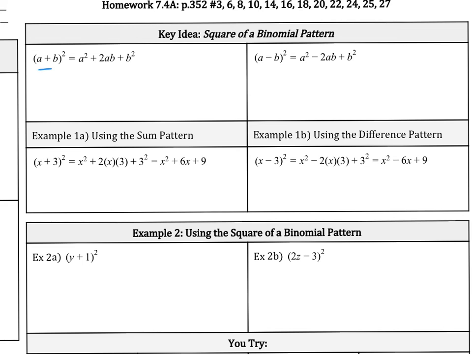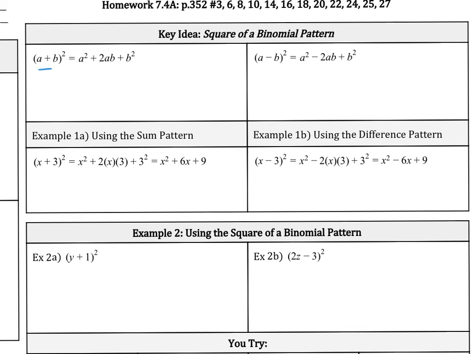If you notice, these two have the same numbers as the answer. The only difference is that since this is a positive sign, the x term is positive, and since this is a negative sign, the x term is negative. In the center is double of x times 3. On the end terms is the square of the first term plus the square of the last term.